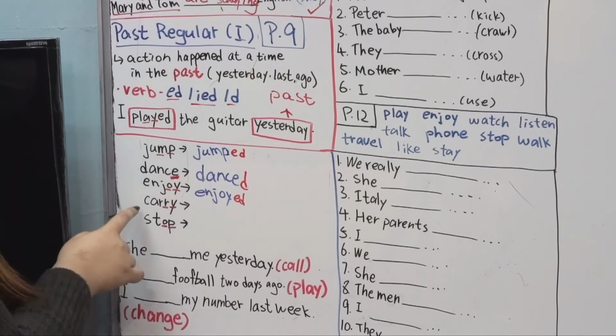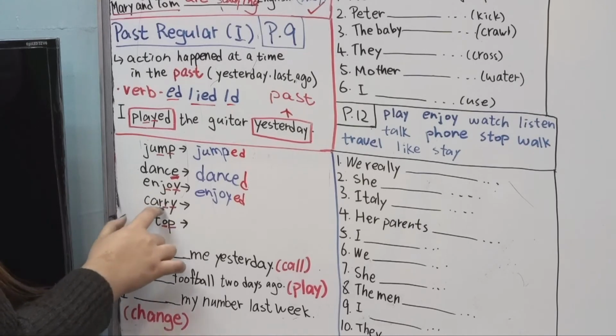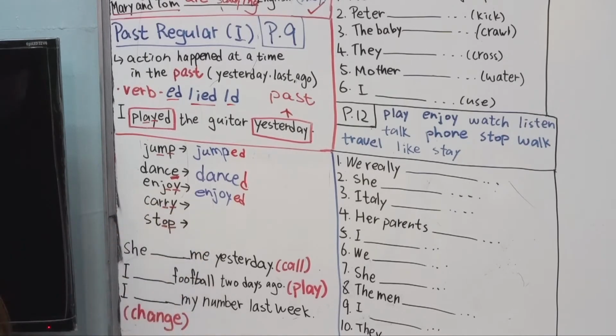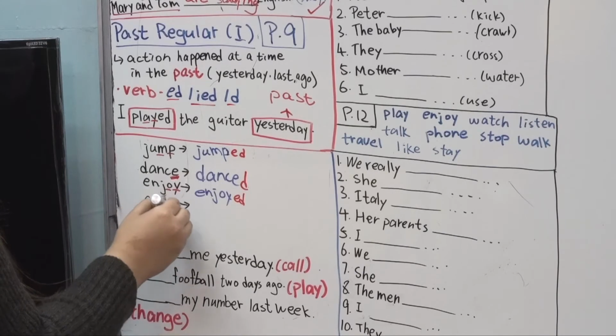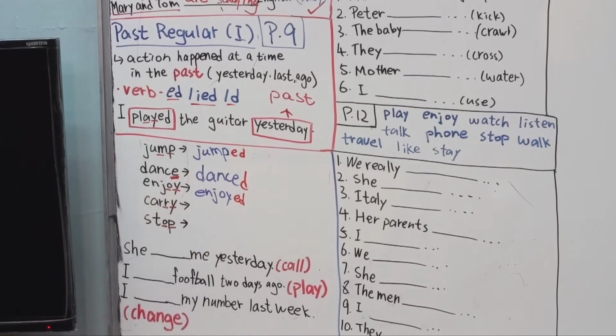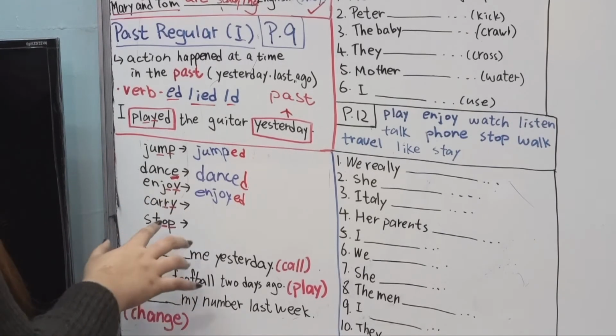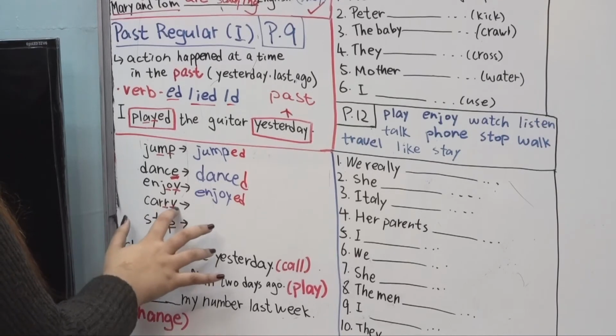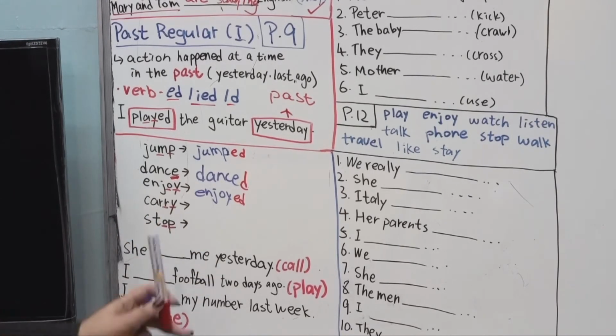Now let's look at over here. Carry, right? C-A-R-R-Y. It ends with the letter R and Y. So if it ends with a consonant and Y, what do we have to do? Remember what a consonant is?